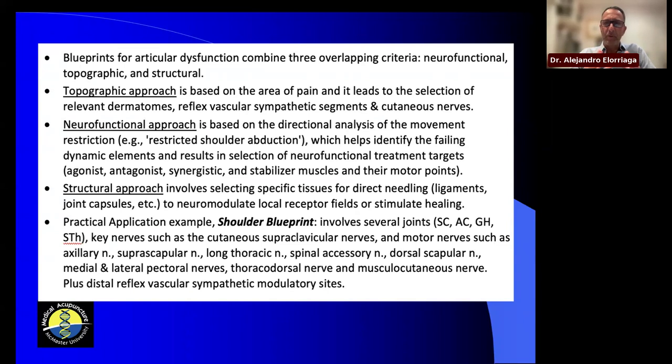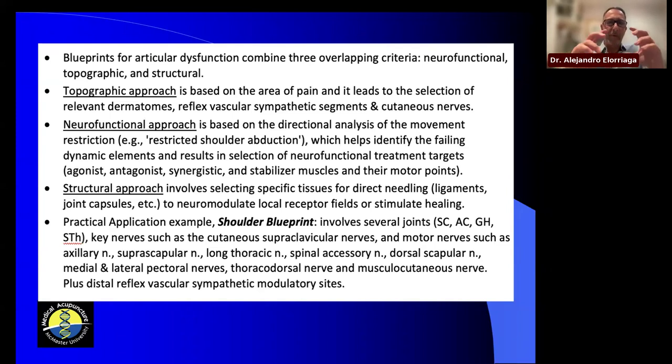And this triple approach obviously overlaps criteria, but is helpful to train the brain to think in each of these dimensions. Topographic approach based solely on the local innervation, which you need to know very, very well in detail.